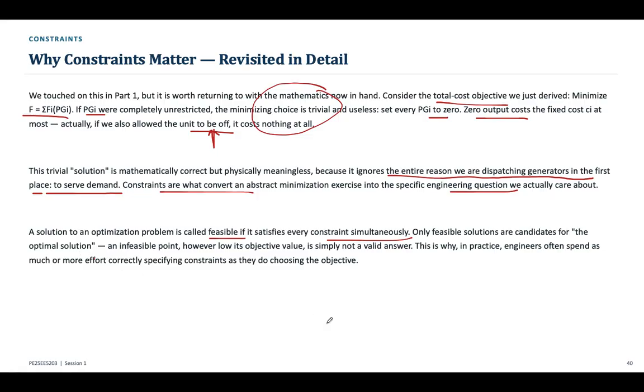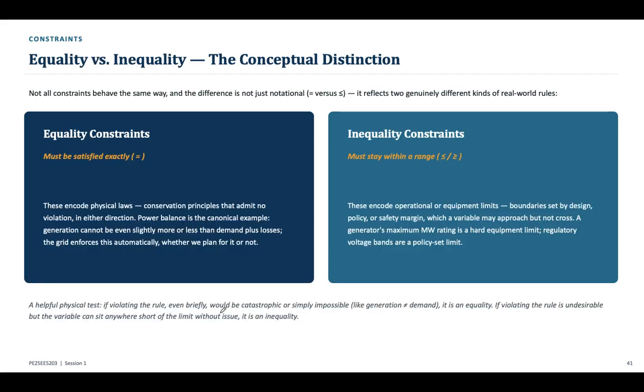This is why in practice engineers often spend as much or more effort correctly specifying the constraints as they do choosing the objectives. What is the other word we can use for constraints? Limits. These limits on which your entire power system can operate are very important, so they should be specified very precisely, so that it will be easy for you to deal with the other things.